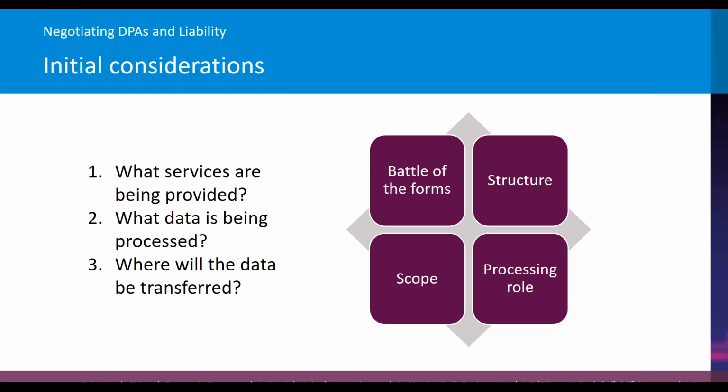Now, those are really important questions. They're going to not only dictate what terms you actually need to put in place, but they might also inform your overall strategy for negotiating the DPA with your vendor.